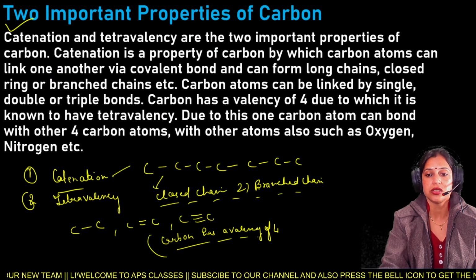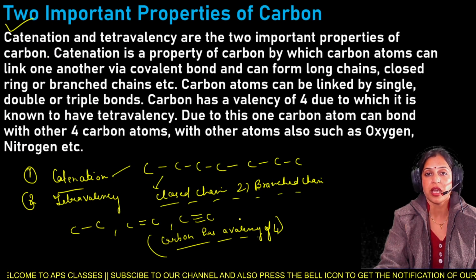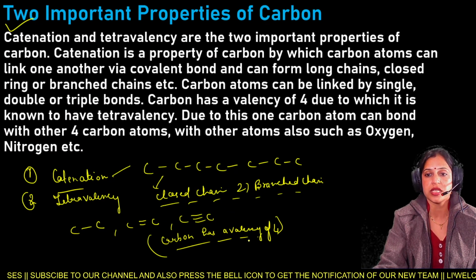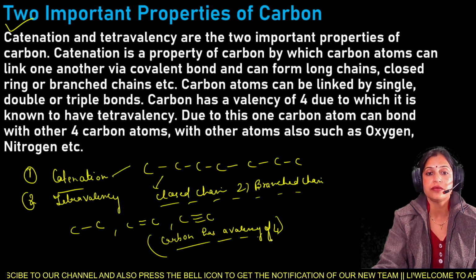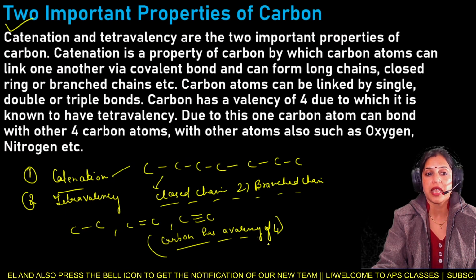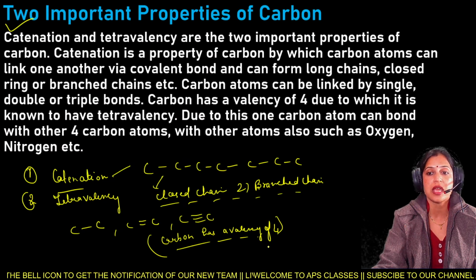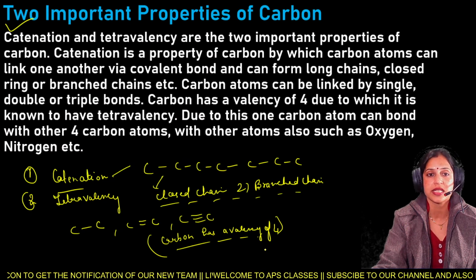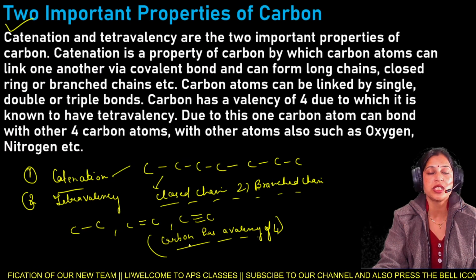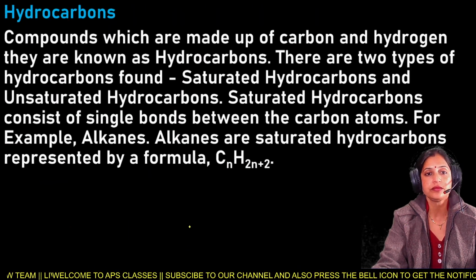Due to this property, one carbon atom can bond with four other carbon atoms, or with other atoms such as oxygen, nitrogen, etc. So these are the two important properties of carbon: catenation and tetravalency.